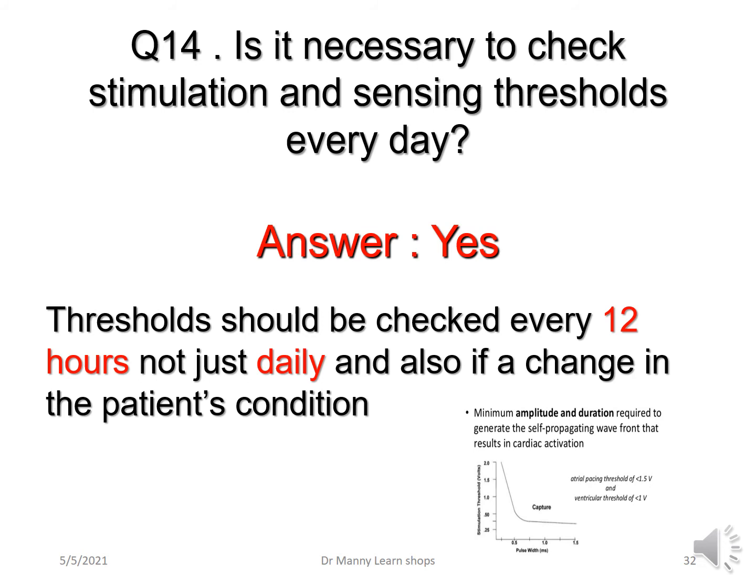But stimulation thresholds are very, very important. Sensing thresholds are just as important, but they should be checked regularly, frequently, at least once a shift if you work in a hospital, and if there's a change in the patient's condition.